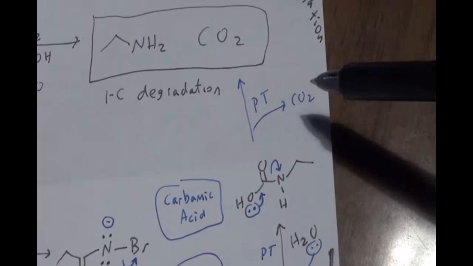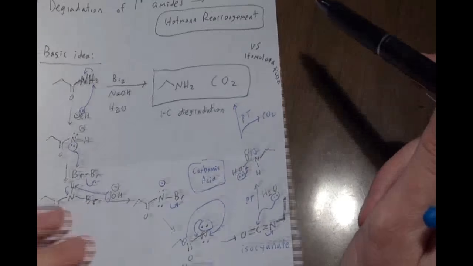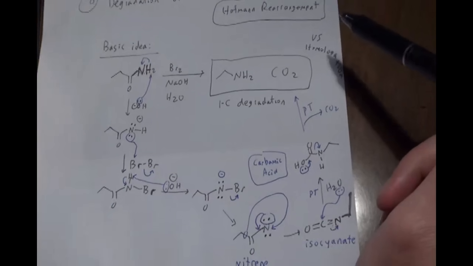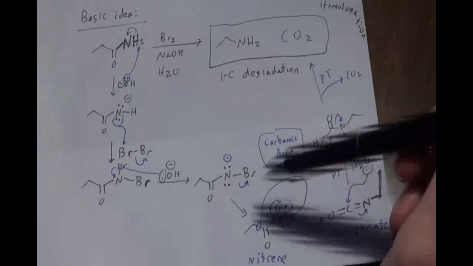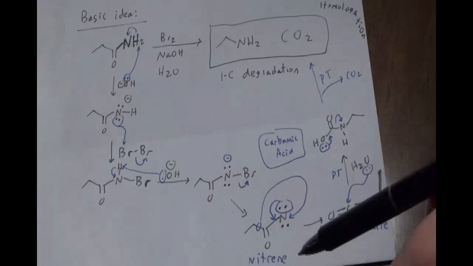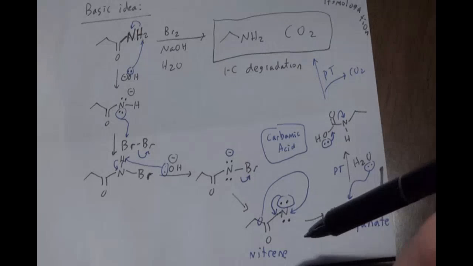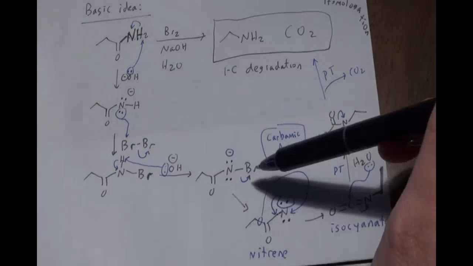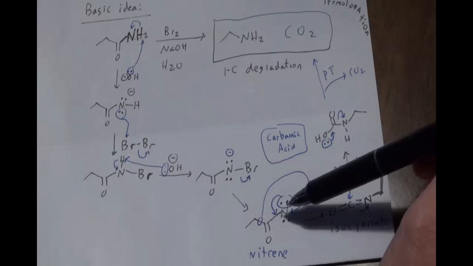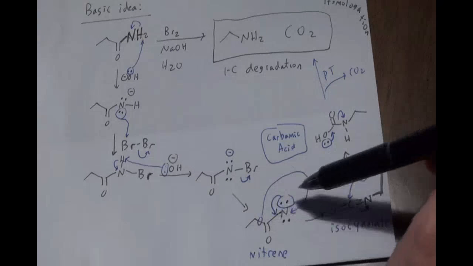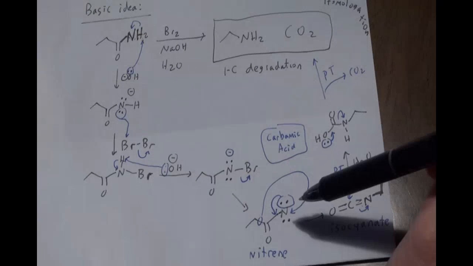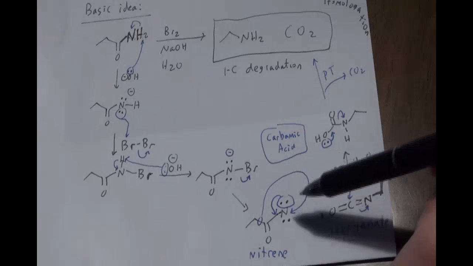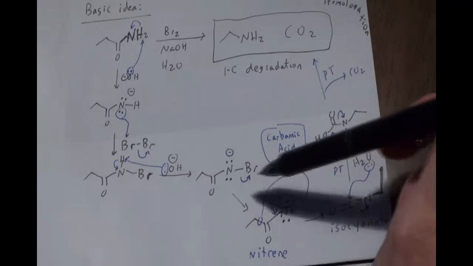Okay, one more thing about this crazy mechanism. There it is, all zoomed out. The other crazy thing is that the book actually does it a little differently, where it does a couple things simultaneously. I think the loss of the leaving group, the kicking in of the nitrogen, and the jumping, it does all of that at the same time. That is acceptable and may even be a little more correct, but I like to do this stepwise.